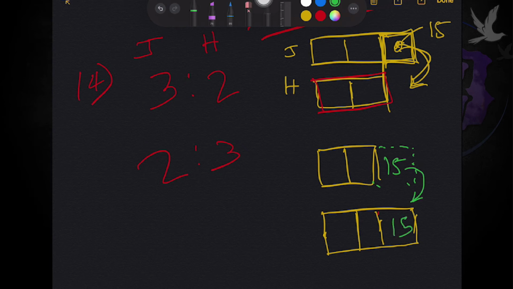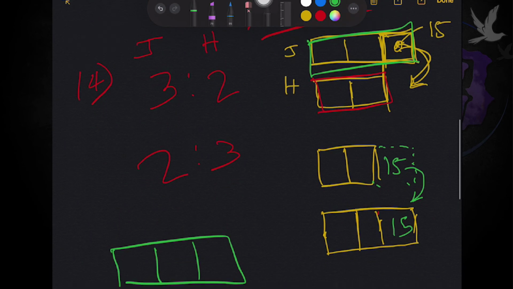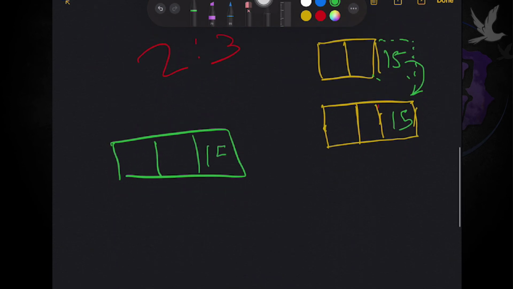So, the question is, how many marbles did James have at first? Ilan nga ba yung marbles ni James nung una? Ito, nung una. And seeing that we have 3 units for James and there are 15 marbles kada isa, ang isang unit. And knowing that for a model, each unit kasi same value yan.